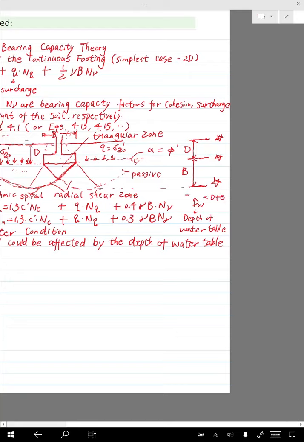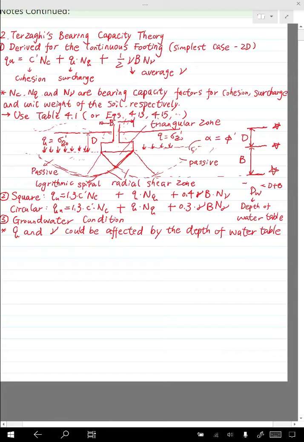So if it's here, then it will not affect Q. And the gamma here is the average gamma in this zone. So between D and D plus B. So this is the gamma.